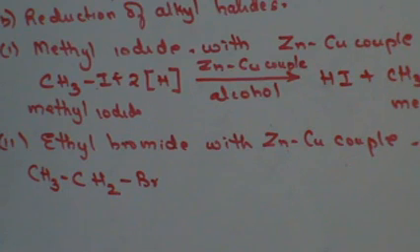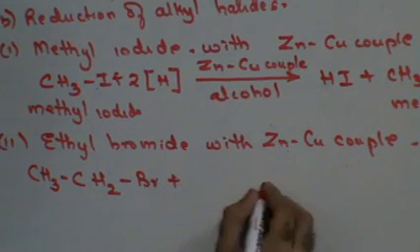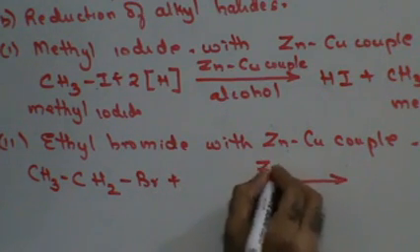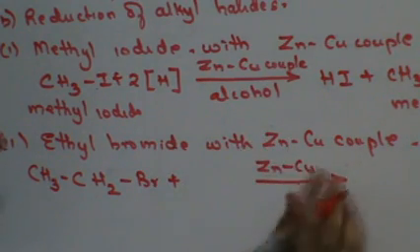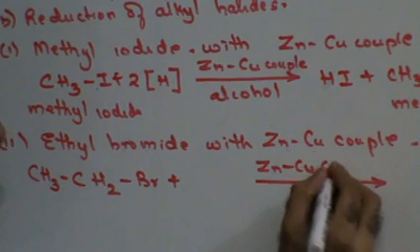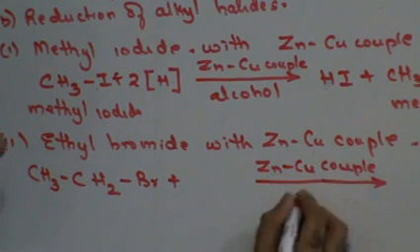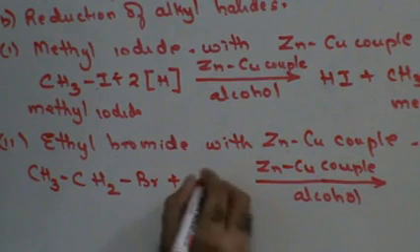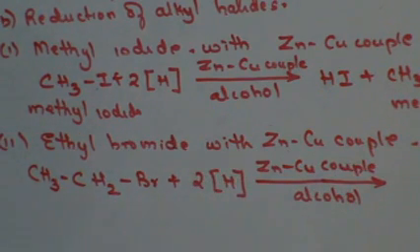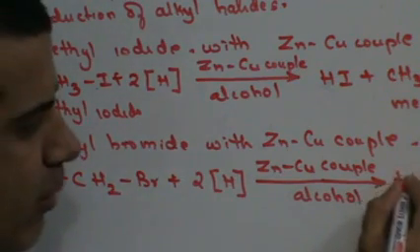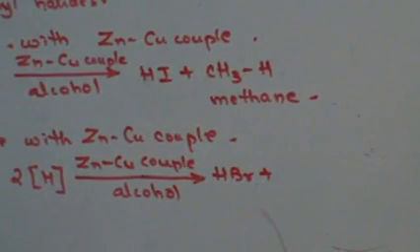This is going to be ethyl bromide, reacts with zinc copper couple in the presence of alcohol to give you nascent hydrogen. You will, for balancing, take 2. Out of the 2 atoms, 1 hydrogen will react with bromine to give you hydrogen bromide, and the other hydrogen will substitute here.